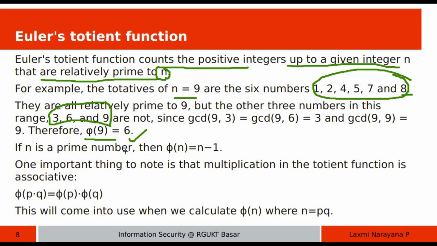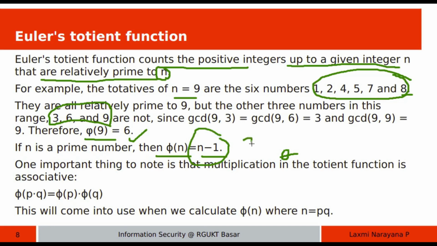If n is prime, then phi of n will be n minus 1, because except n itself, no other number will share a factor with n. So the value will be n minus 1.